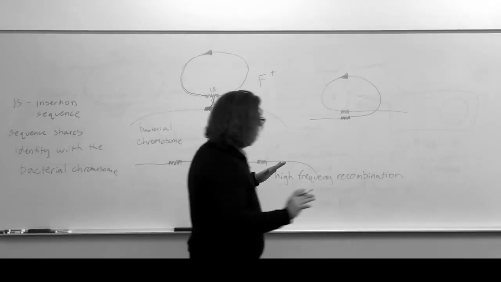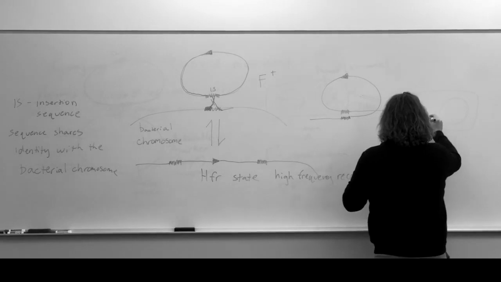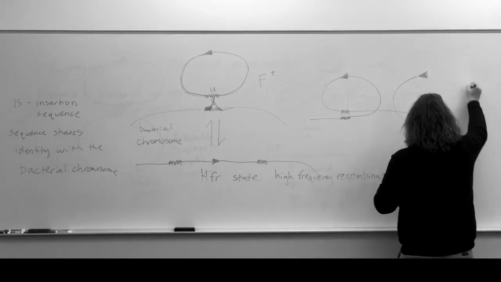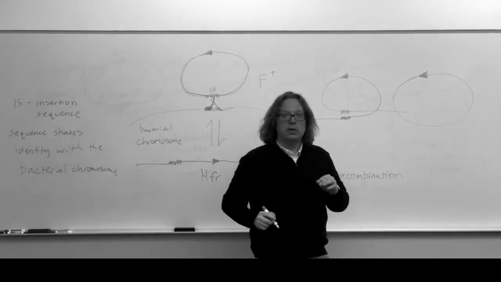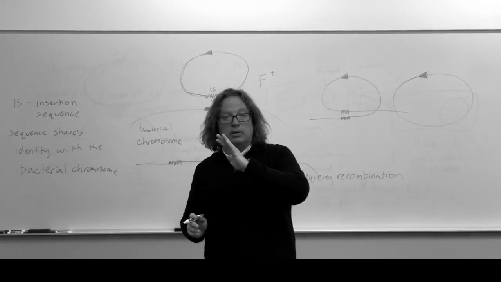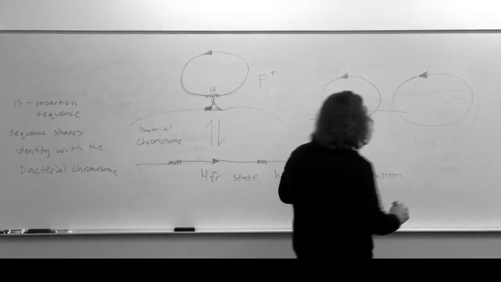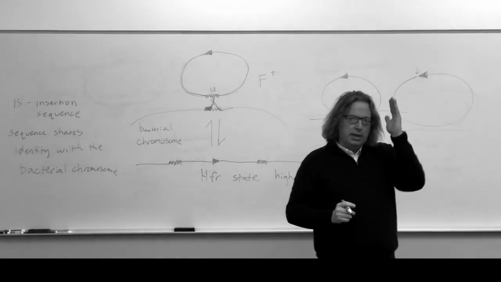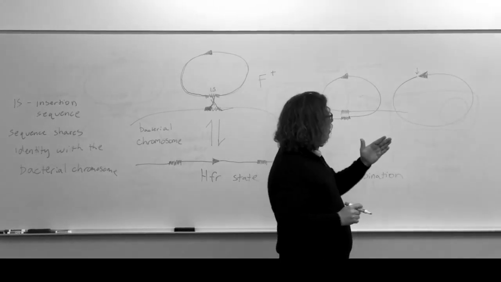So a typical plasmid that has a normal origin of transfer, when it goes from one cell to another, it has a break that's essentially induced at the point of this origin of transfer.